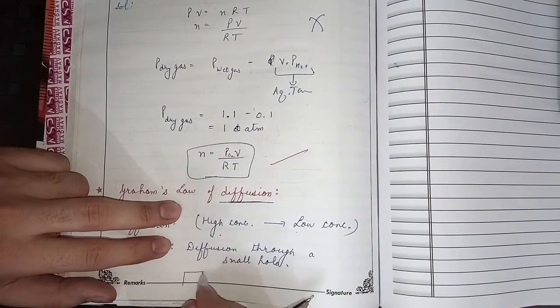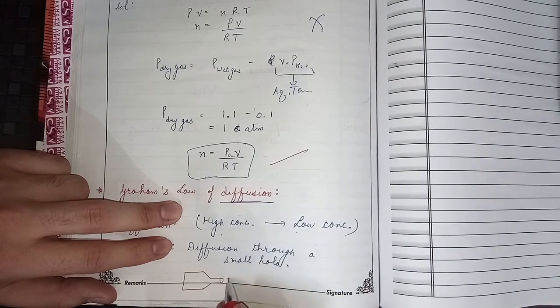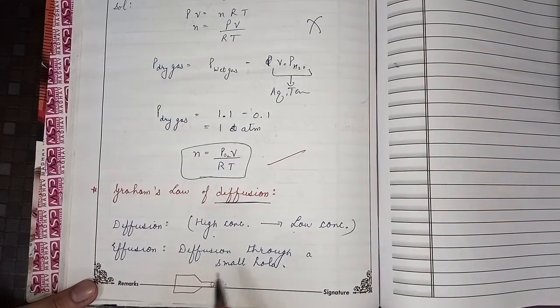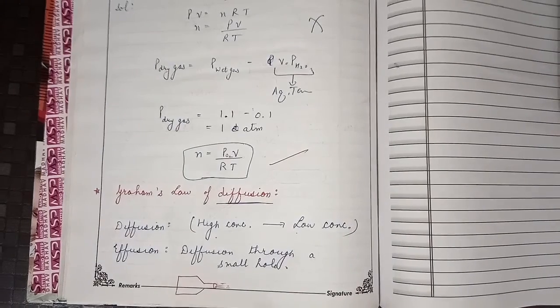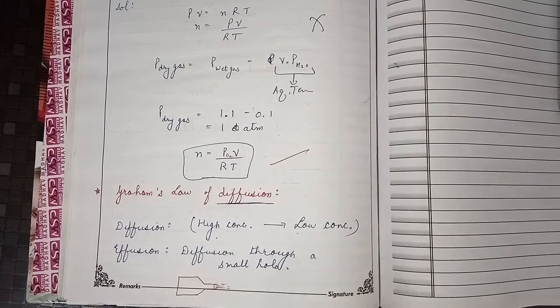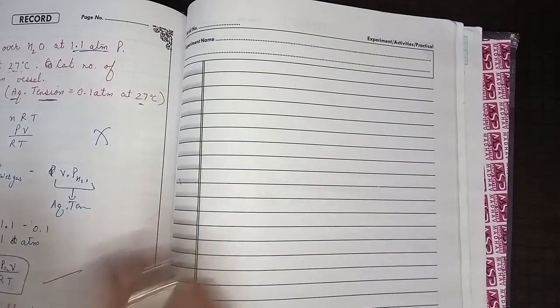For example, if we have a vessel like this and its opening is very small and the gas is coming out of this hole, so this is called effusion, diffusion through a small hole. Now this concept also has 3 or 4 applications. So now we will learn what its applications are and what the significance of those applications is.